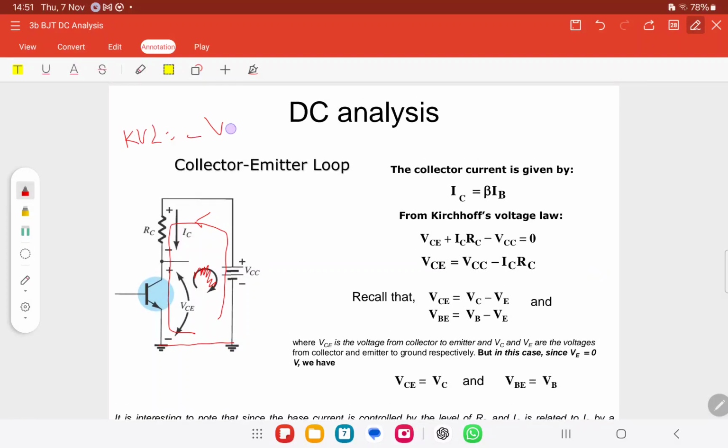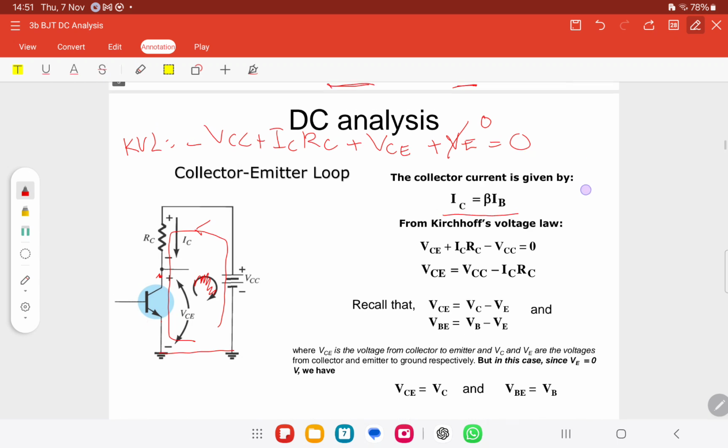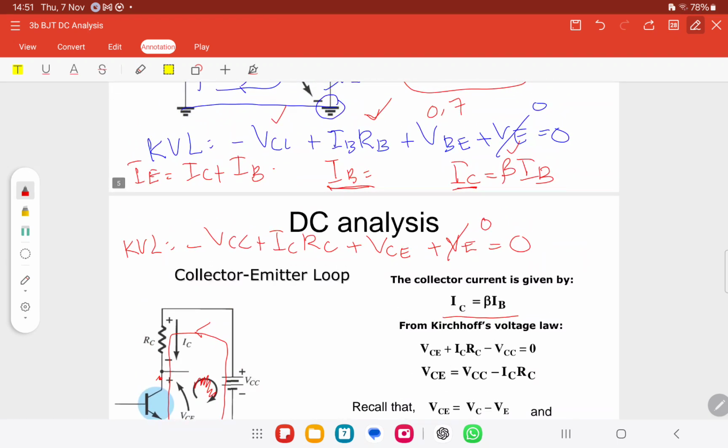Minus VCC plus IC RC plus V apa kat tengah tu? VCE plus VE equals to 0. Dia tak plus VC dah sebab VC kat sini. Tapi yang ni 0. Ni tadi sama macam yang kita buat tadi tu. Ni one kan?